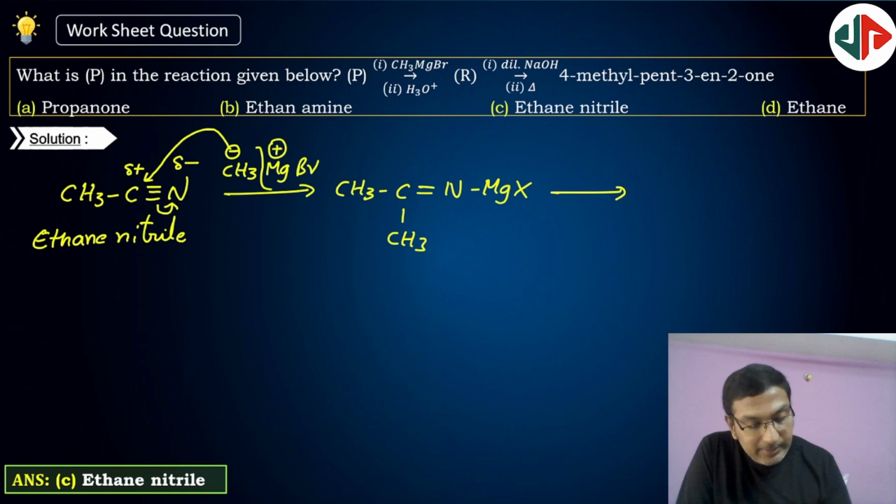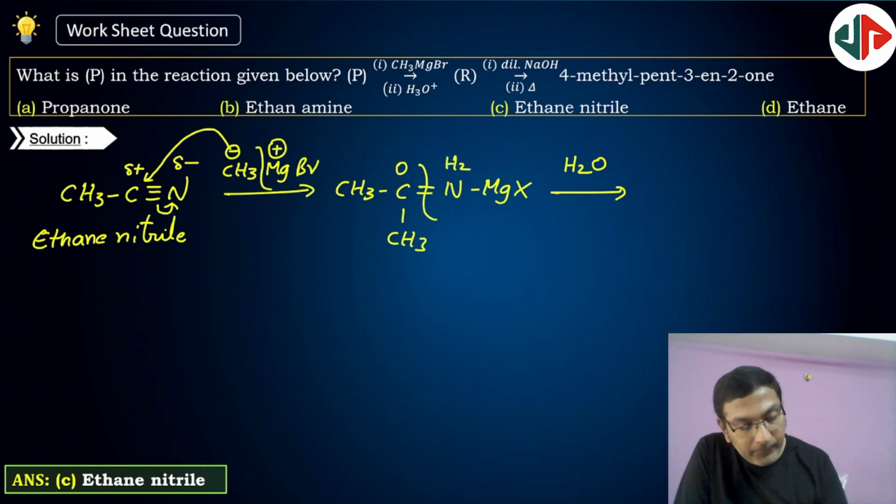This is the intermediate compound, which on hydrolysis can form. Hydrolysis can be done like this, H2O, H OH.